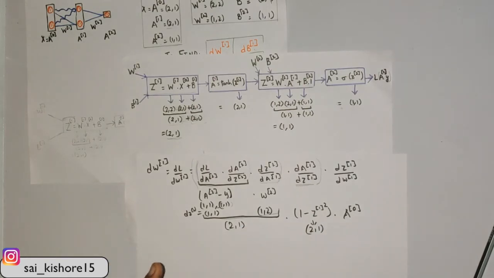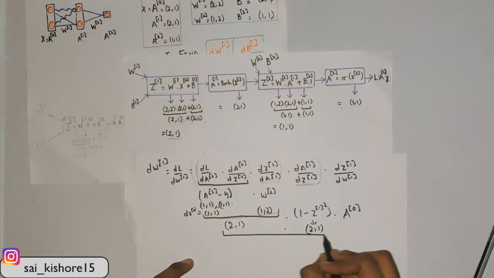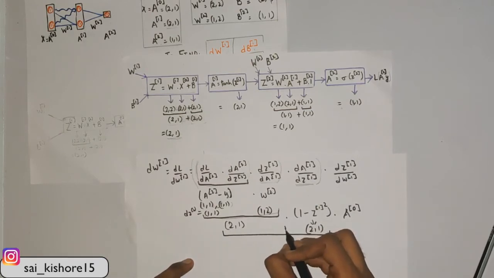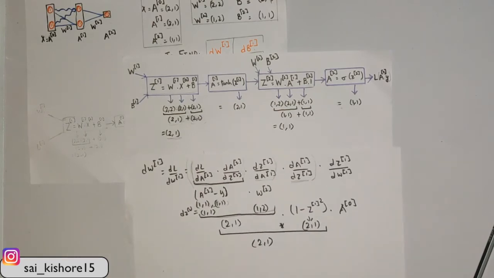So now when you multiply these two, this is element wise multiplication, and we will get 2, 1. If you notice, we are performing matrix multiplication in some places and element wise multiplication in some places. Why is that?